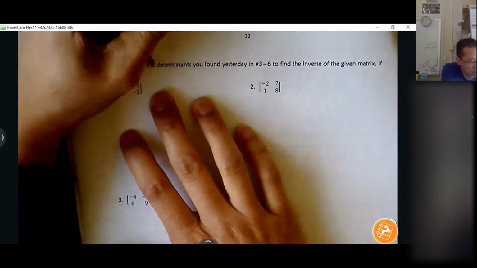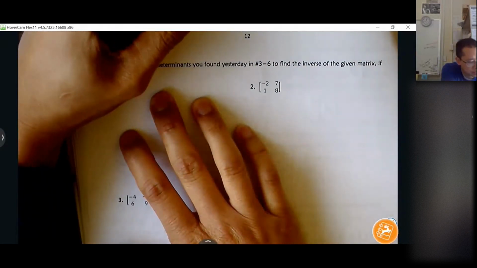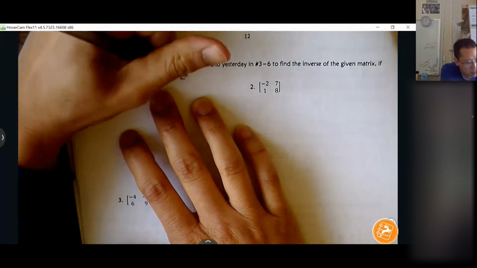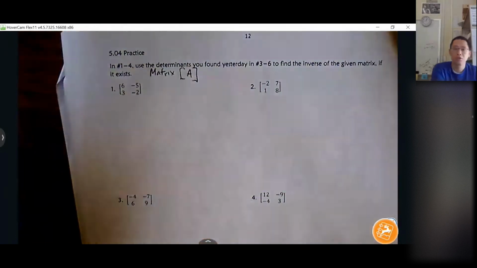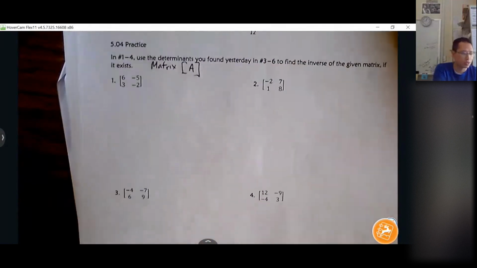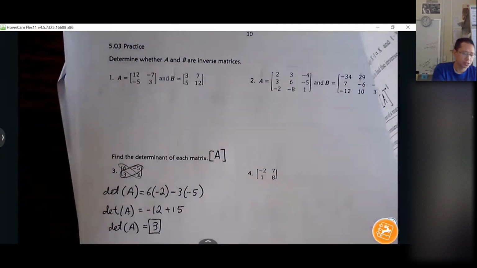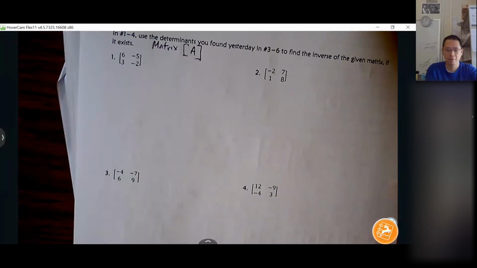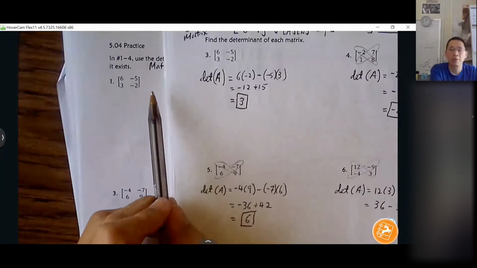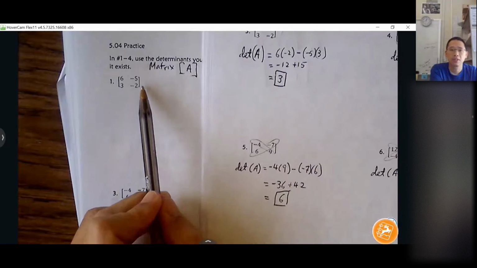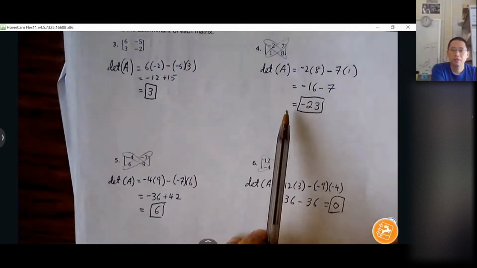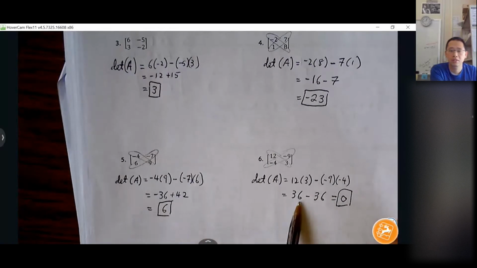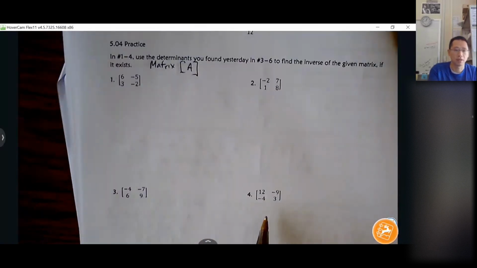Let's call all these matrices matrix A. So just carry over everything that we did from the previous worksheet, because these are all the same. So you can just copy them down here. Determinant is 3. Second one is negative 23, 6, and 0. Right, all the same numbers.